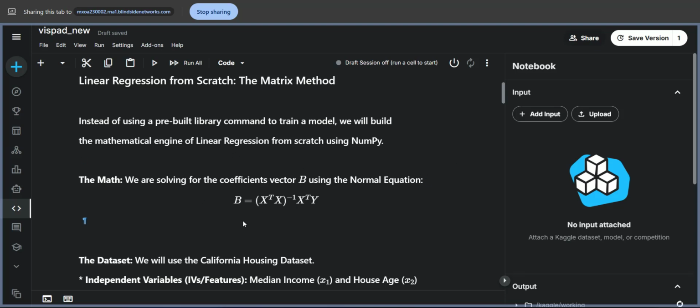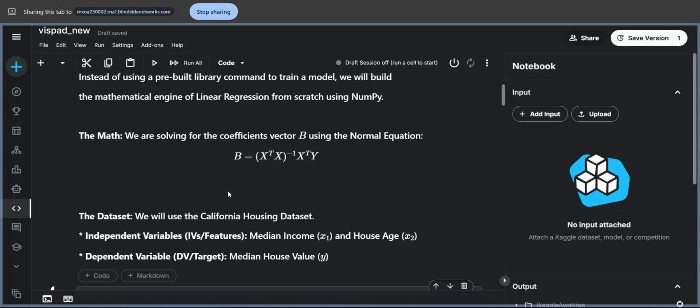The b is equal to the transpose of x multiplied by x, then the inverse of this term, and then multiplied by the transpose of x and then y, right? In linear algebra form, y is equal to b0 plus b1 x1 plus b2 x2.